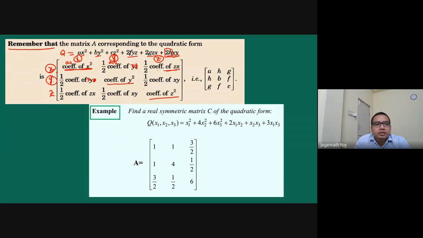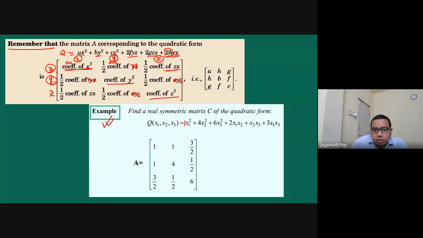Similarly, y times y, that is y square, coefficient of y square. y times z, coefficient of yz, half of that. So basically, we are making it symmetric.